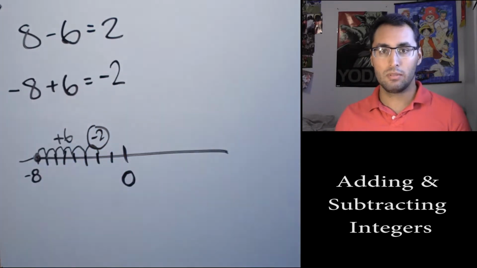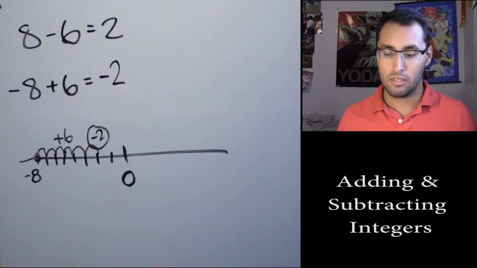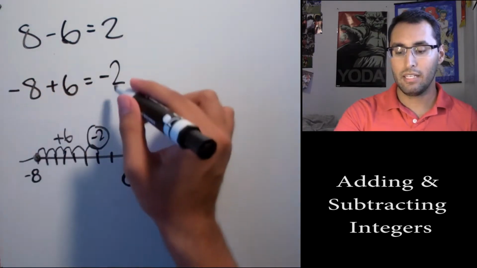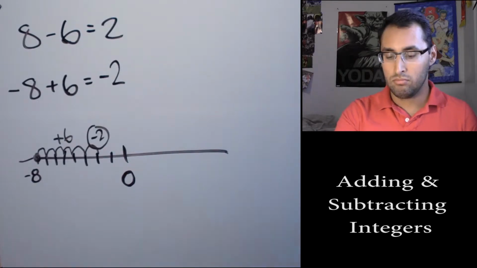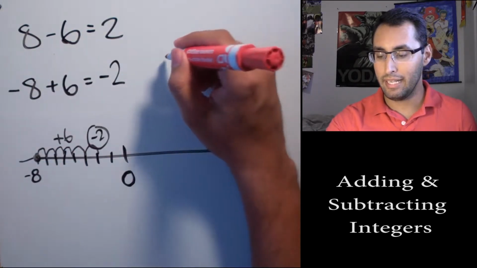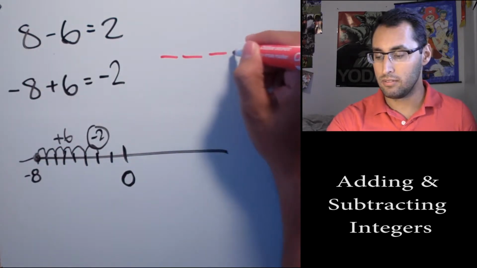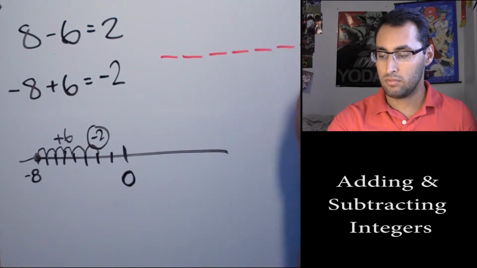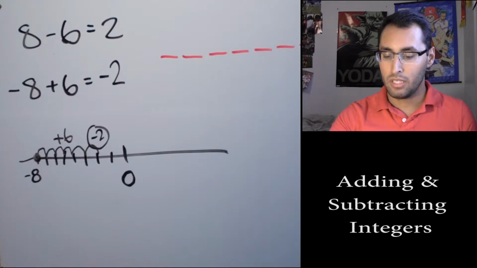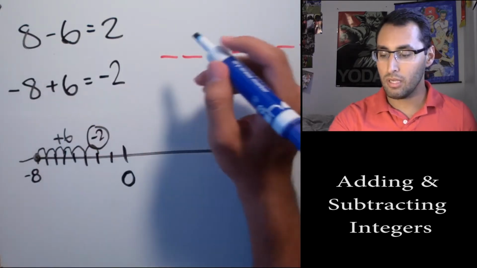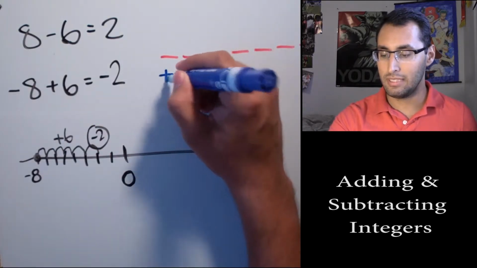Now, there are different ways to think about this. When I have negative 8 plus 6, I like to write it out like this. For negative 8, I'm going to put 8 minus signs: 1, 2, 3, 4, 5, 6, 7, 8. And for positive 6, I'm going to put 6 plus signs.